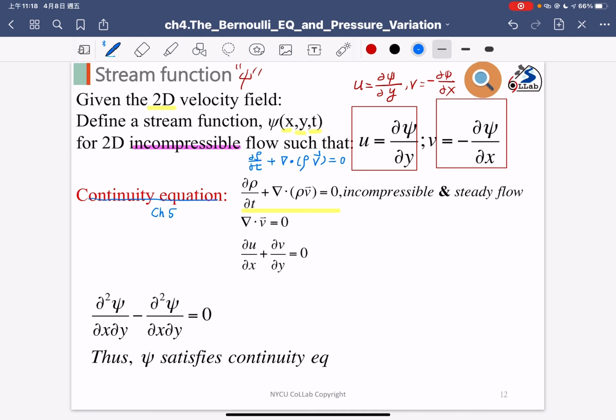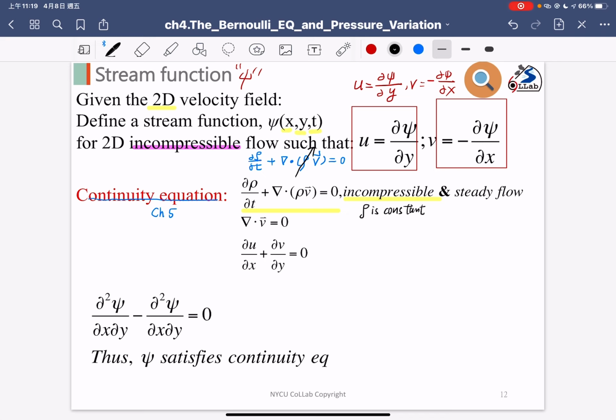And as I said, we have two assumptions. First, incompressible: that indicates the density doesn't change with location, right? All of the fluid particles have the same density, so the differential of the density is constant, and the constant you can put outside. So rho is a constant value if the flow is incompressible.